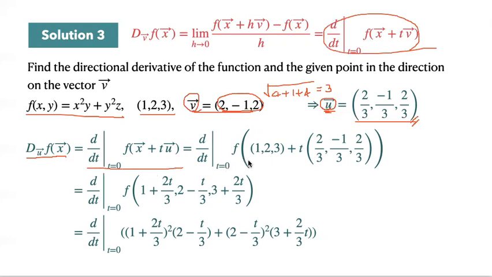Okay. Since our x point is given by (1, 2, 3) and u, our unit vector, is given like this, we want to find this value, right? 1 plus 2/3 t, 2 minus 1/3 t, 3 plus 2/3 t.